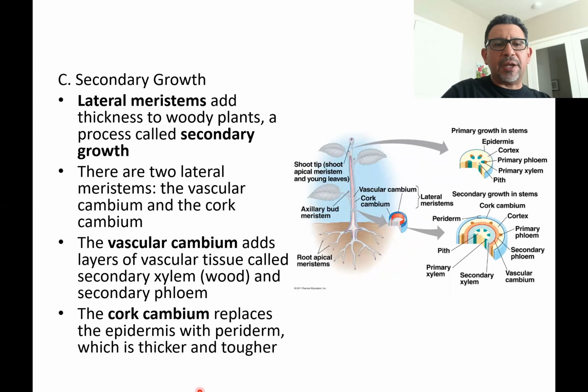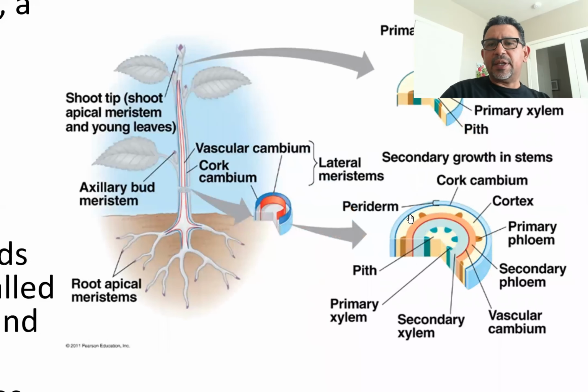What I wanted to point out to you here with regards to these lateral meristems, and this is just as an introduction, we will be exploring secondary growth in greater detail on a separate video that I'm going to make. Take a look at this vascular cambium. The vascular cambium can be seen here as a red line.